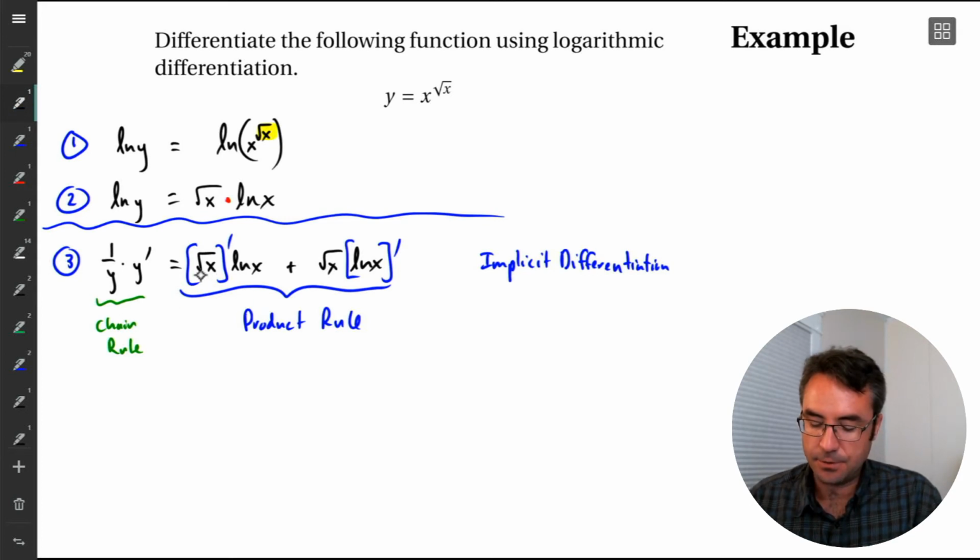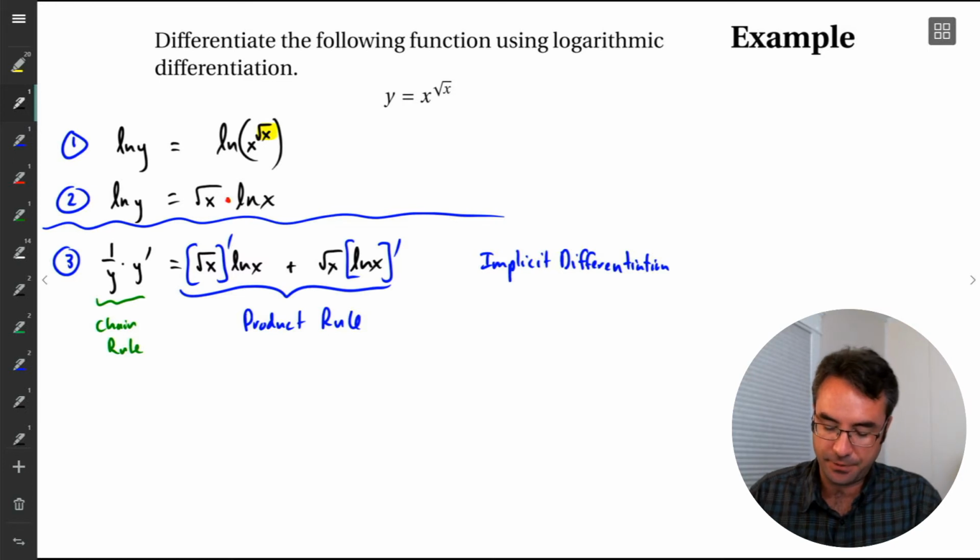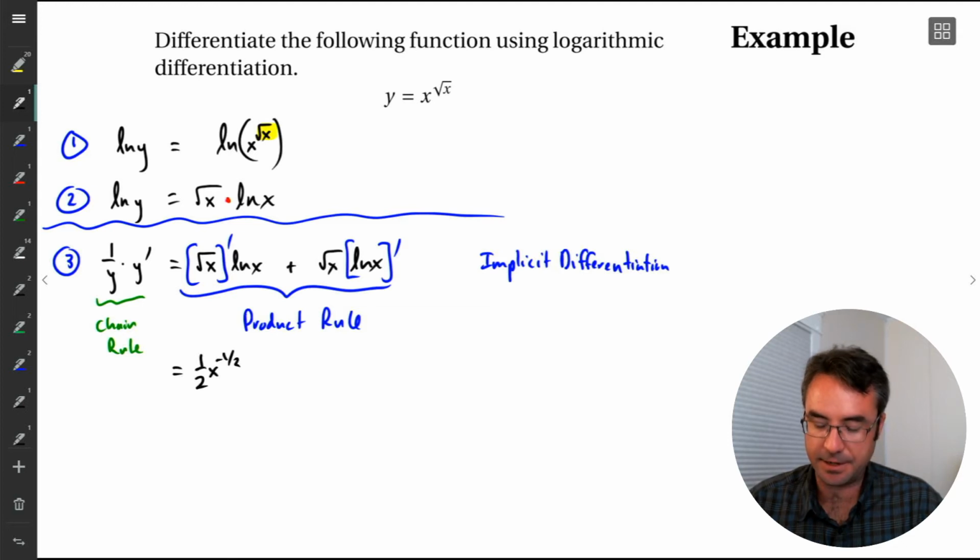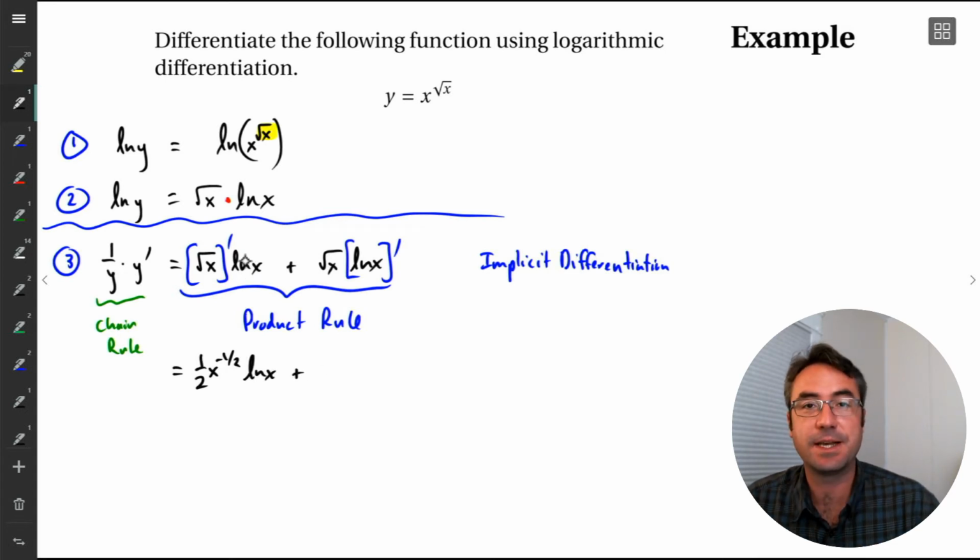All right, so there's still some work to do. So we have this square root x term that we need to differentiate. That's not too bad. We can do that. We get 1/2 x raised to the negative 1/2. Then we have natural log x. There's nothing to do, it's outside the brackets, so it just stays natural log x. And then we also have this square root x over here, which is outside the brackets, so that just stays the same.